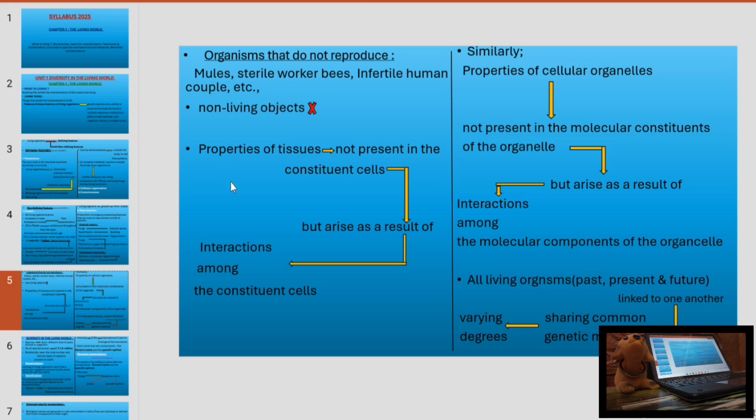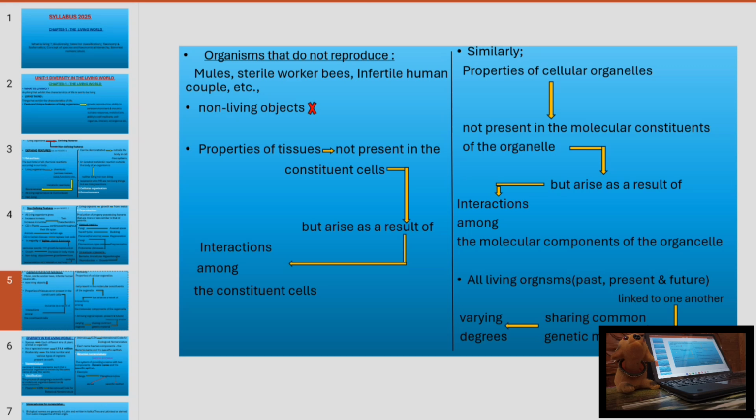And coming to the next topic. Properties of tissues are not present in the constituent cells but arise as a result of interactions among the constituent cells. It is to be noted very carefully that the properties exhibited by a particular tissue are not present in the constituent cells of it, but arise by interactions among various types of cells in that tissue, but not as the particular cell in that tissue.